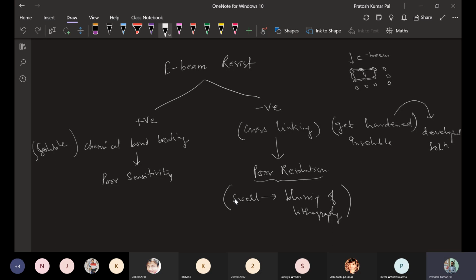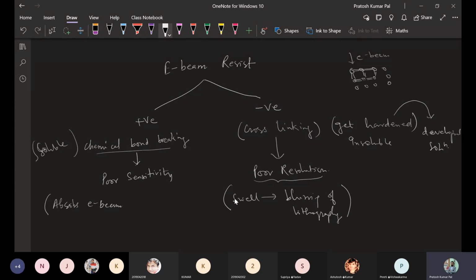Okay, similarly in case of positive type of resist, here poor sensitivity is there. That is because poor sensitivity means sensitivity to the e-beam. So in this positive type of resist, to break this bond, it basically absorbs the e-beam. But this e-beam absorption that needs to be done in case of positive type of resist is done for a larger time duration.